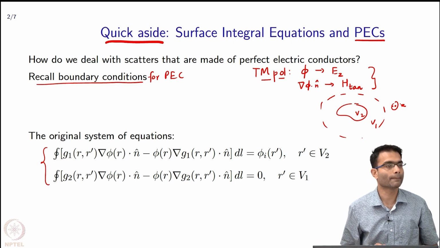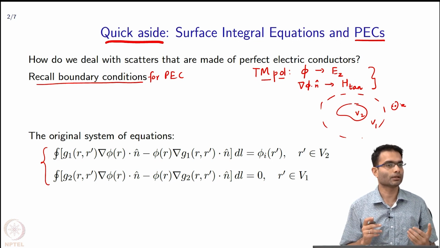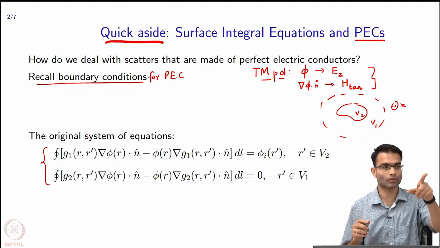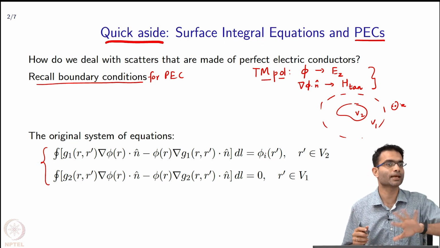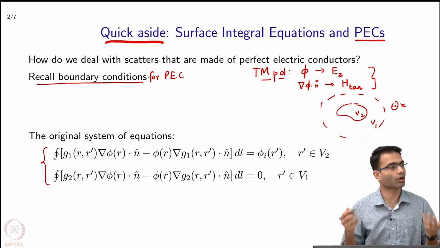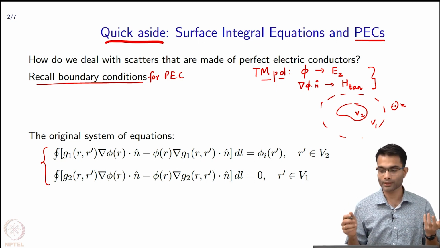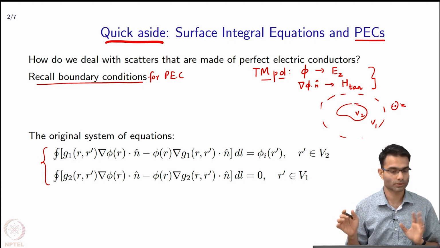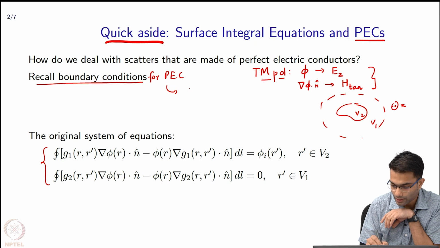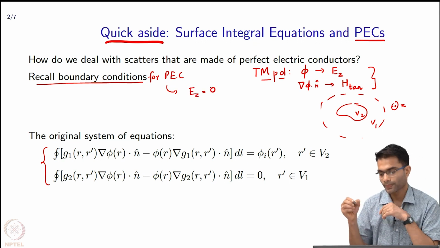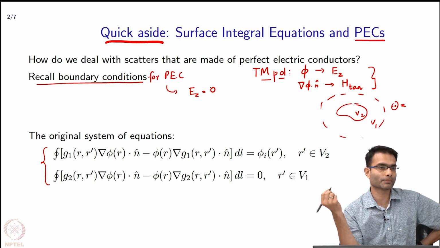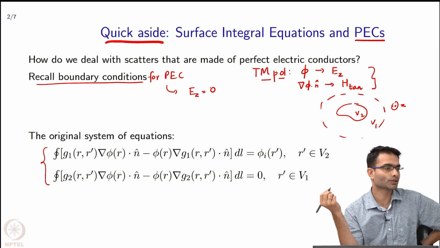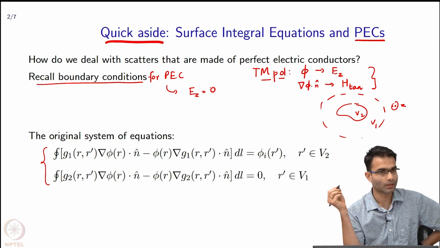On a perfect metal surface the fields are always purely normal. In TM polarization E is forced to be Ez and H is in the xy plane. Therefore, there is going to be no component of electric field in the z direction. So, for PEC we can say that Ez is equal to 0. Can I say anything about H tangential? We can't say anything, it will depend on the problem.